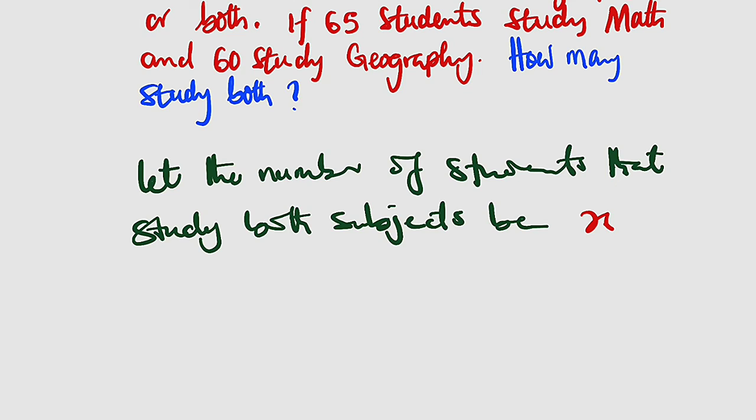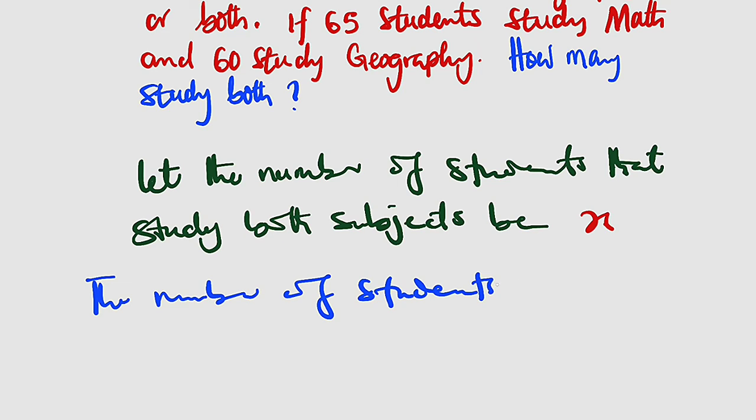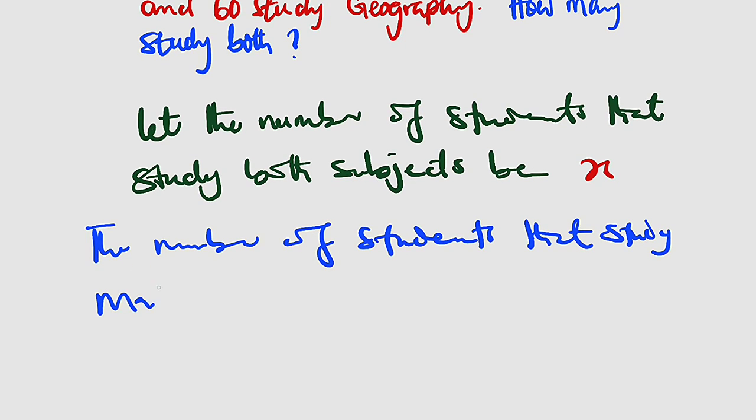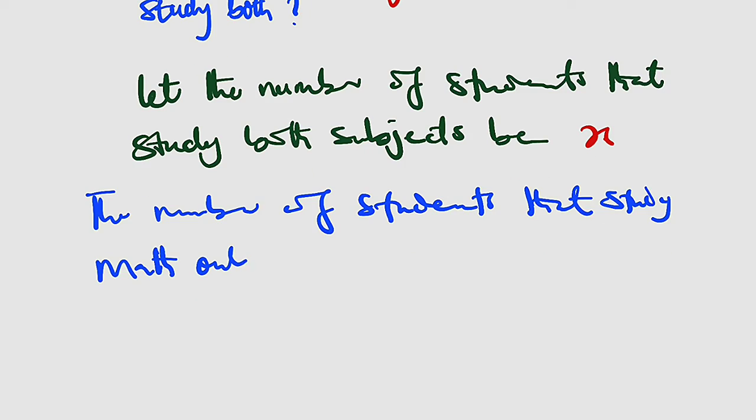Then 3 statements we are going to make here. The number of students that study mathematics only will be equal to 65 minus x.